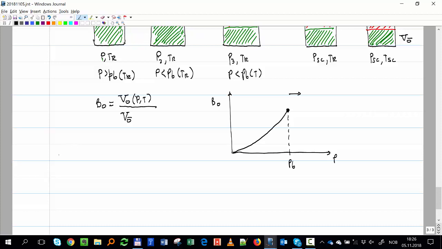We can define a thermodynamic property called the compressibility of the oil, which will be 1 over the volume of oil, dVO dP, the derivative with respect to pressure. That exists for any fluid, for any liquid, for any gas, we have something called compressibility.